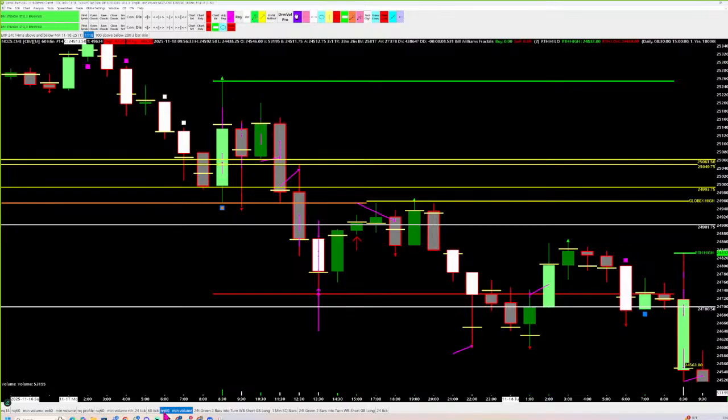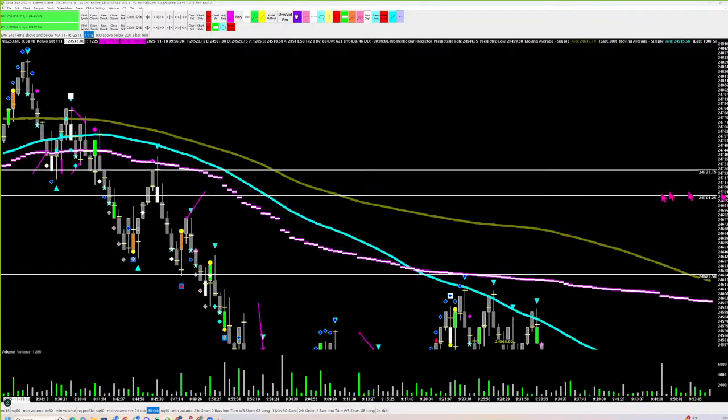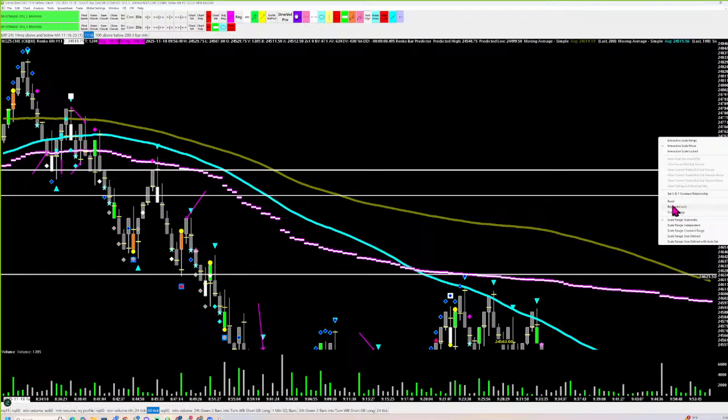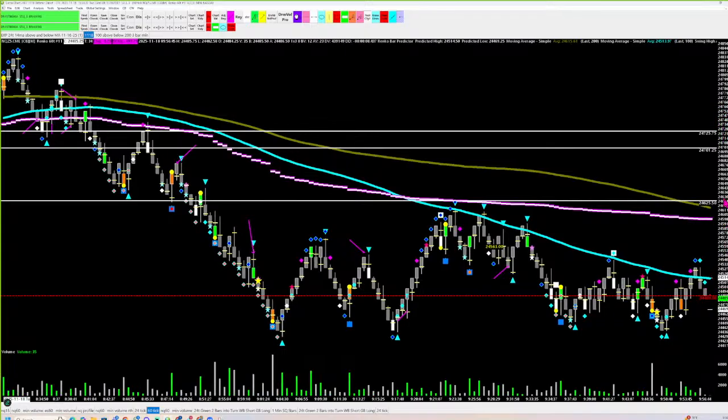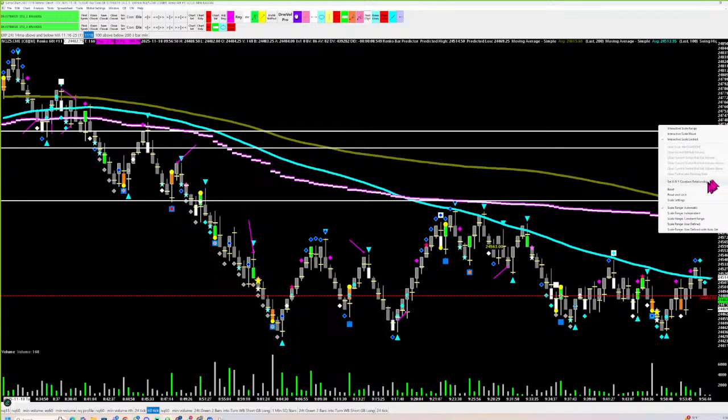A 60 tick. If you put a 60 tick up there, it'll give you a better perspective of what the balance looks like.